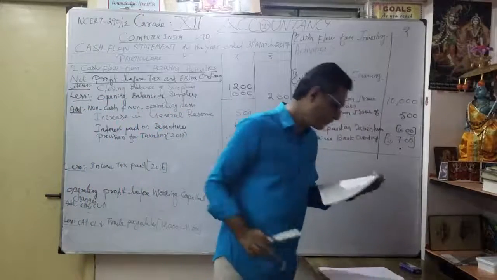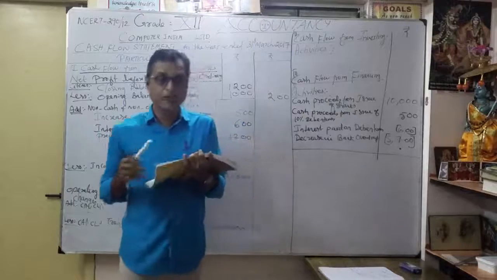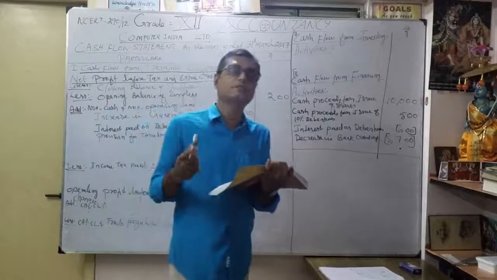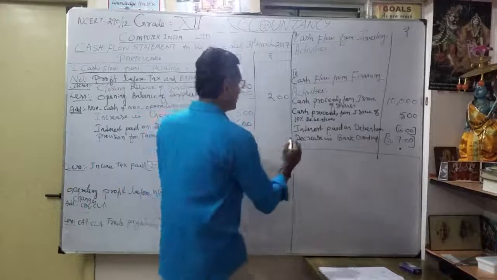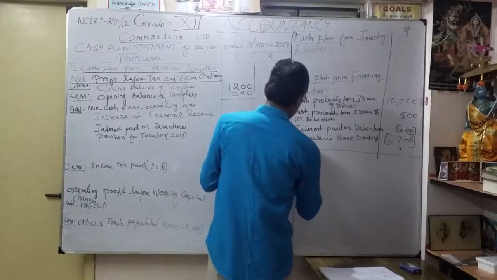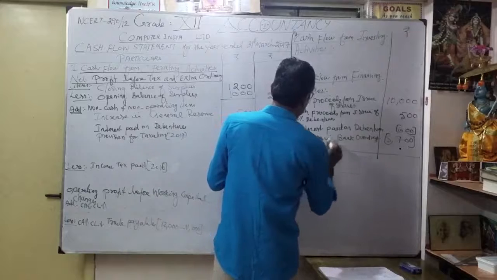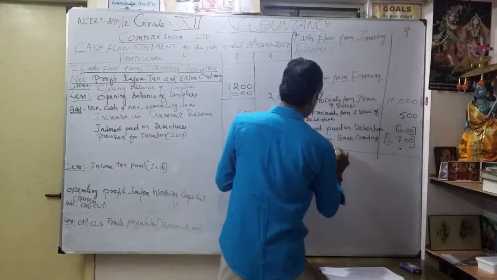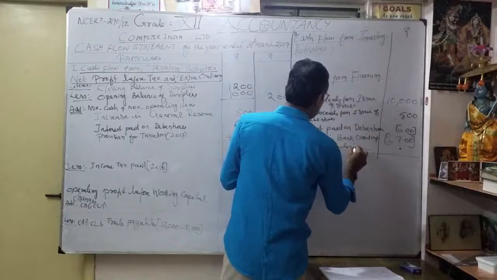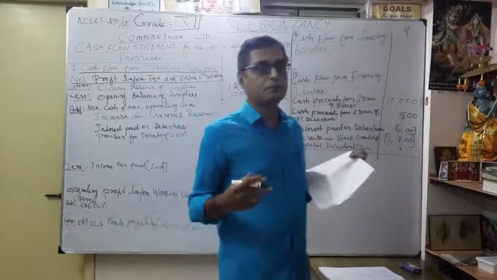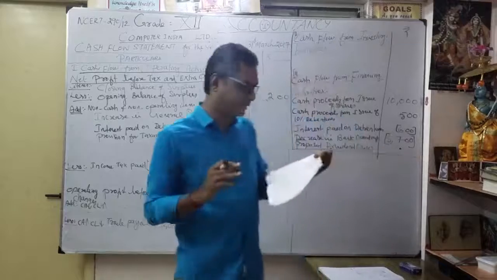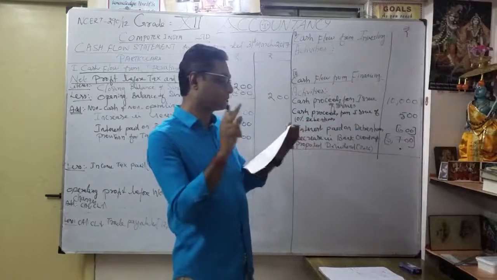Now move to the proposed dividend. I know already. So proposed dividend for 2016, so 5,000. You know where you have to write. You have to write it here. So proposed dividend. Okay. Under finance activity, proposed dividend, nothing but 2016. Okay, that means whatever the proposed dividend for last year, going to pay in the current year, correct? What proposed dividend for 2016?